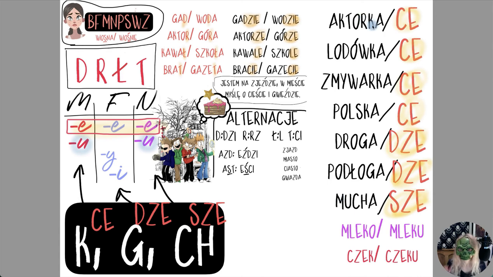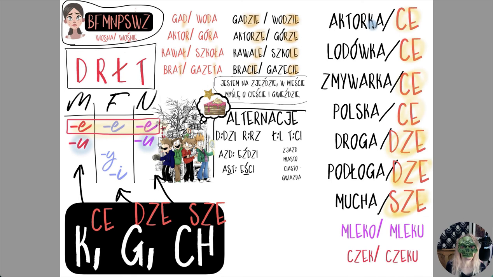So let's have a look. Aktorka, an actress. You can see that when I take away the vowel a, I'm left with the consonant k. If I wanted to say that I'm thinking about an actress, I would say: myślę o aktorce.